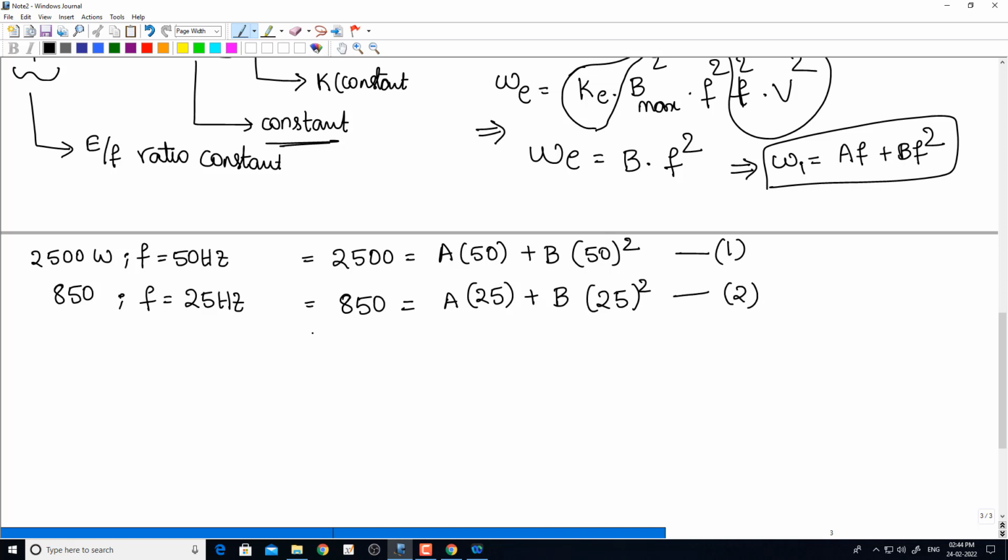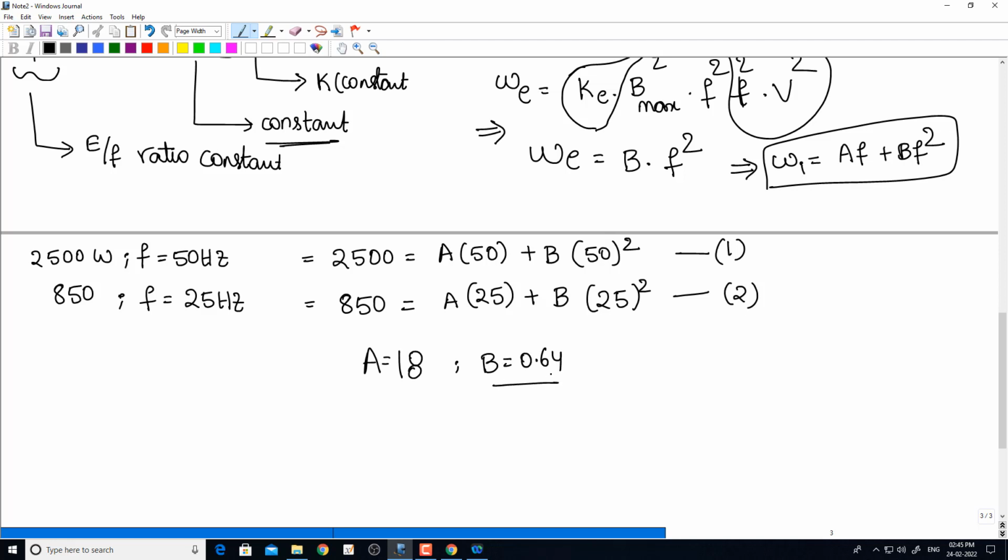If we solve these two equations, we get A is equal to 18 and B is equal to 0.64.